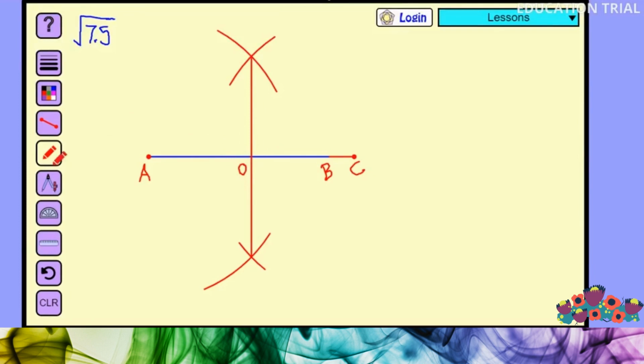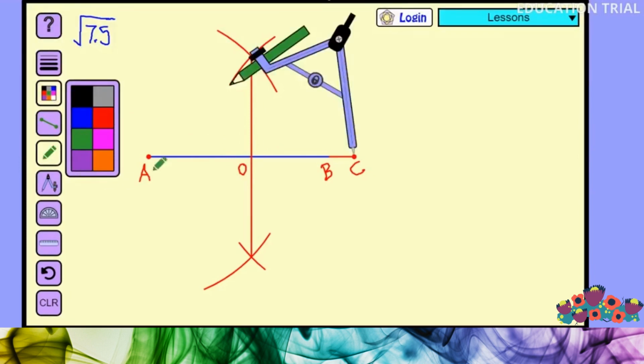Next, again I am taking the compass and I am drawing a half circle with the center O. Let's do that. I am rearranging the compass.